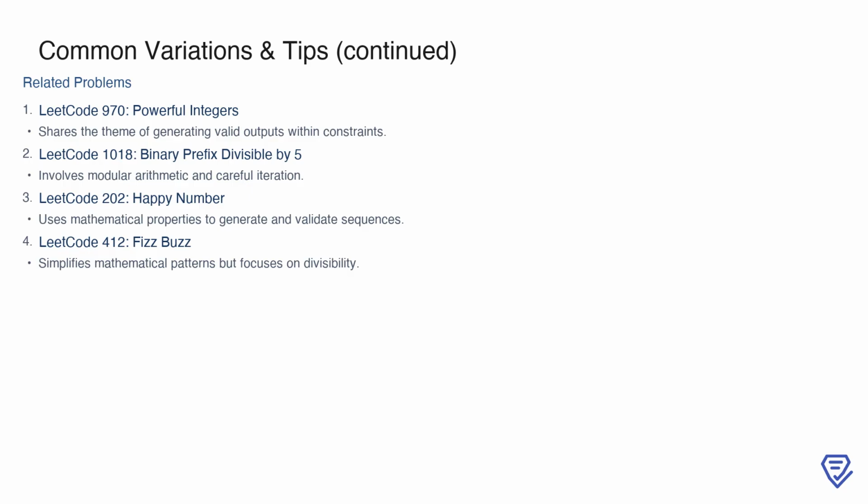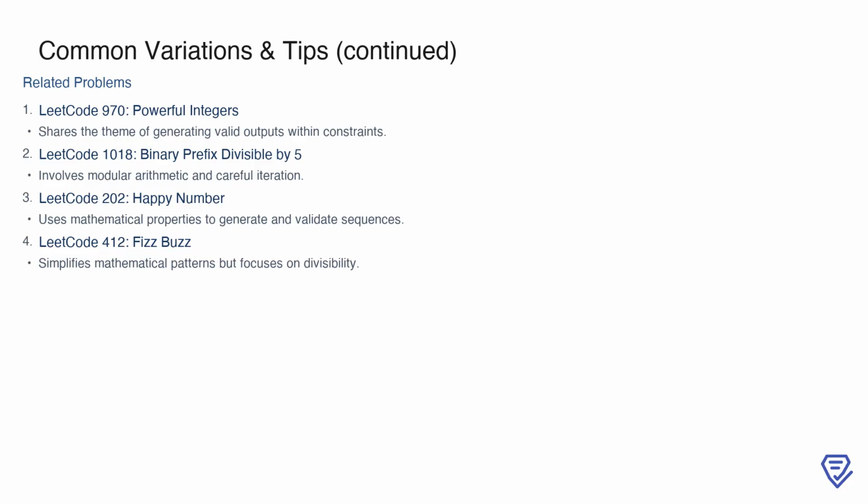For example, in LeetCode 970, Powerful Integers, you also generate valid outputs within specific constraints. Similarly, LeetCode 1018, Binary Prefix Divisible By 5, involves modular arithmetic and careful iteration, which could help you think about edge cases and efficiency. LeetCode 202, Happy Number, focuses on using mathematical properties to generate and validate sequences, which aligns with the theme of this problem.